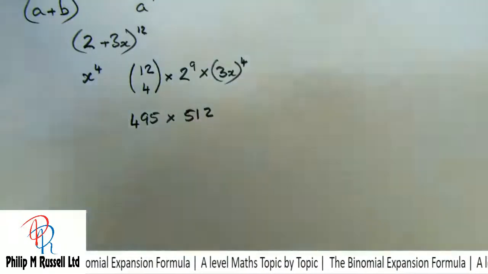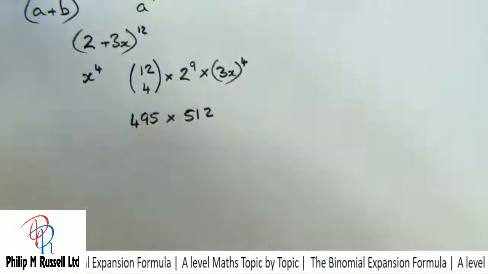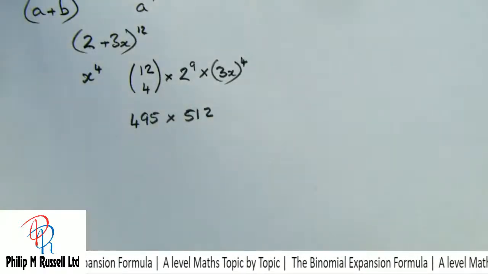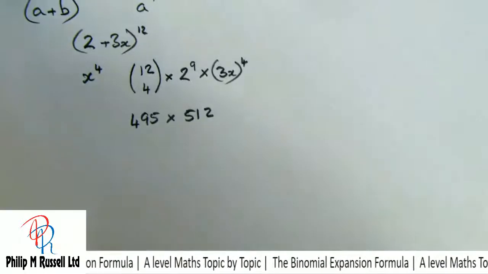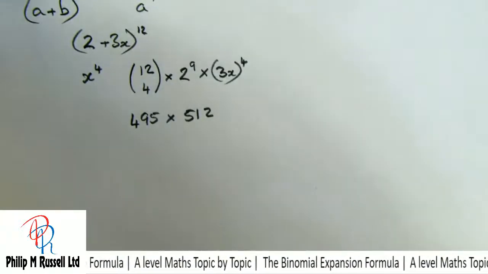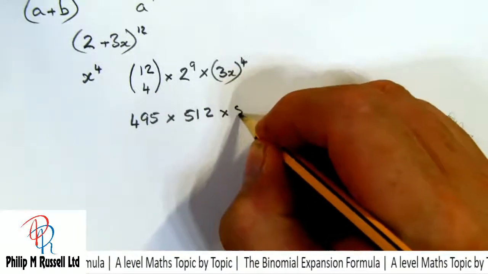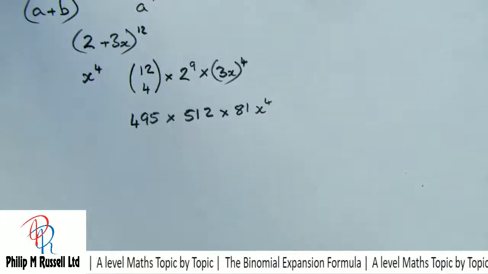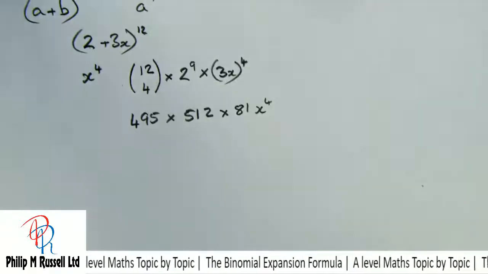And then we want 3x to the 4, not quite as bad trying to work out what 3 to the 4 is going to be. So 3 to the 4 is going to be 81x to the 4. And now all I need to do is to multiply these out.